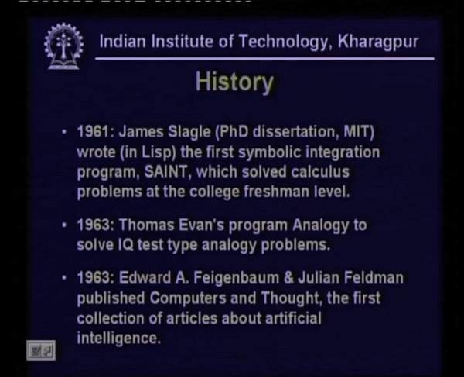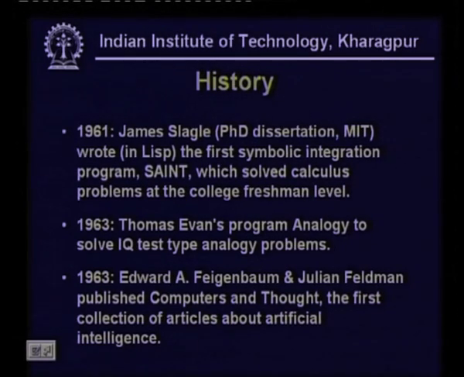In 1961, James Slagle wrote the first symbolic integration program. This program, SAINT, could solve calculus problems at the college freshman level. In 1963, Thomas Evans' program Analogy was designed. It could solve IQ test problems.